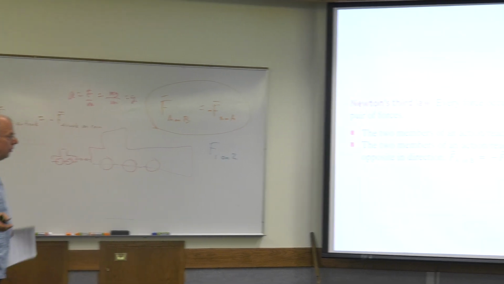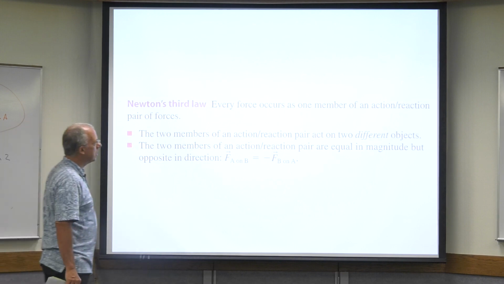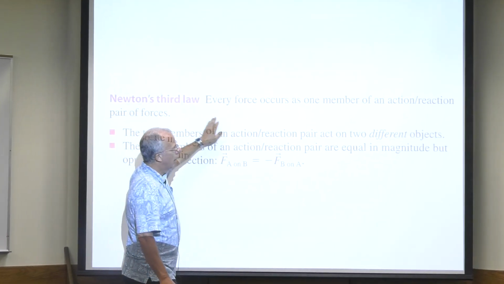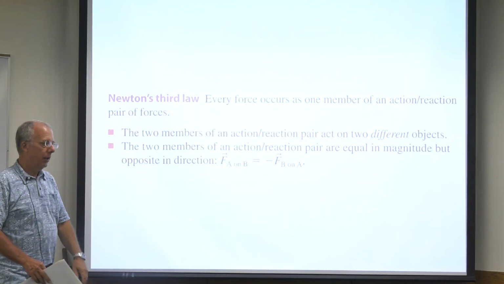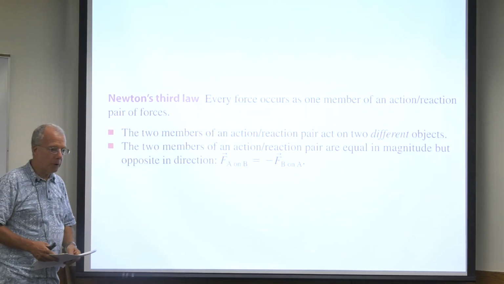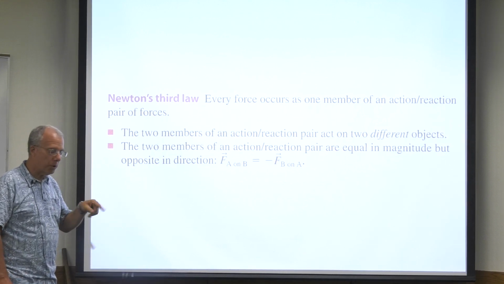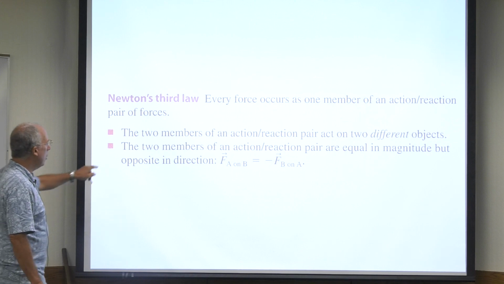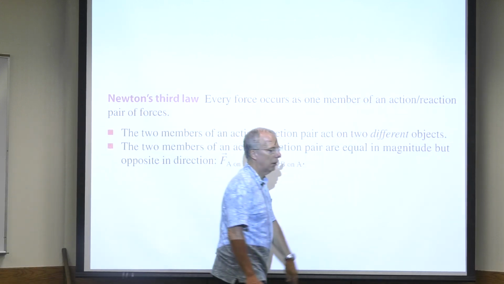So here it is, Newton's third law. Every force occurs as one member of an action-reaction pair of forces. In other words, forces always come in pairs. If there's a force of A on B, there has to be a force of B on A. The two members of an action-reaction pair act on two different objects.